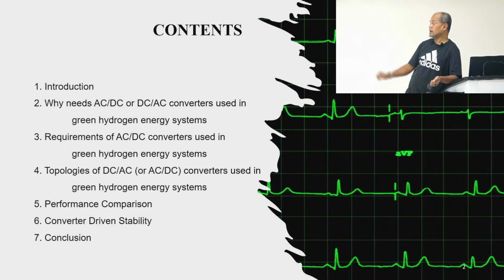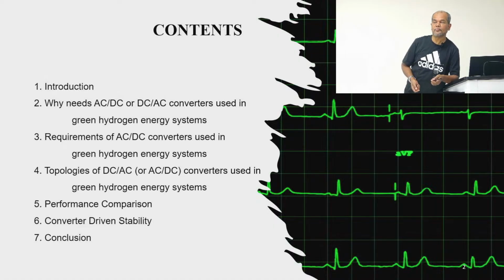And then I'll also touch on converter-driven stability. Although we are talking about control, before designing control you also need to know a little bit about stability and what makes the system unstable.